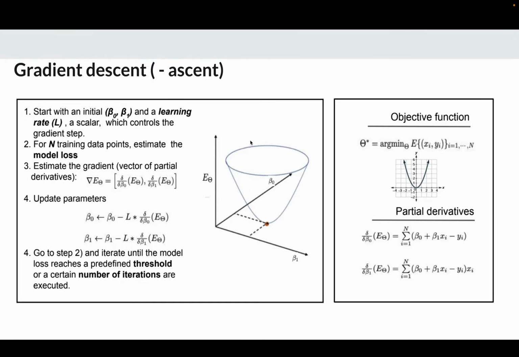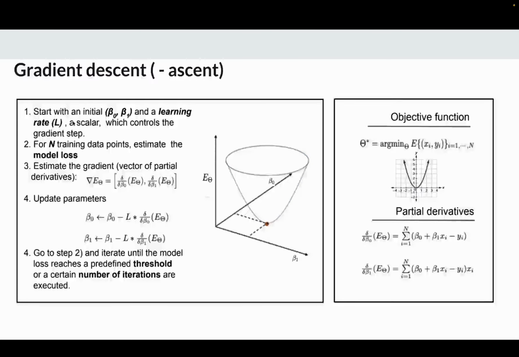Let's say you started something here, then you will get to the next point that you need to move. You got a new beta 0 and beta 1, and you iterate the process, up to when? Up to the point where all these derivatives are getting close to 0. Or if you just want to run for a number of iterations, then you can stop there.